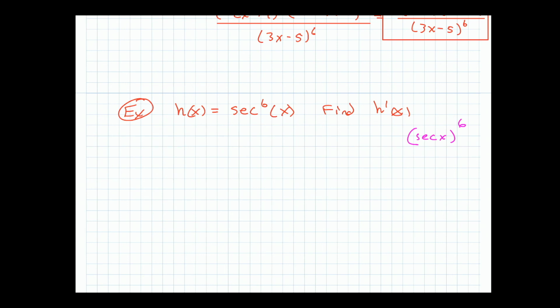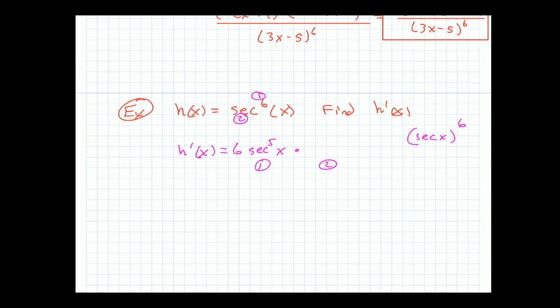So even though it doesn't look like it, the outside function is actually the 6th power, and the secant is actually the inside function. So when you go to write h prime of x, the outside function is the 6th power, so it's 6 secant to the 5th x, right? Using the notation we have up there, and then times the derivative of what's inside.